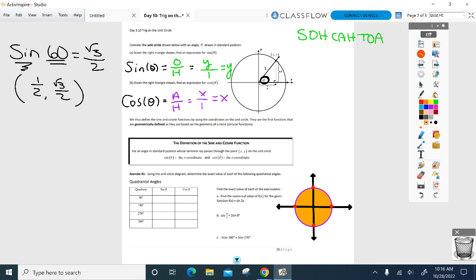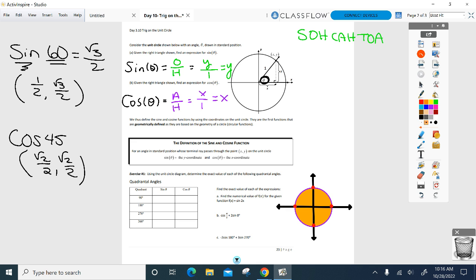Okay? That's how we're going to use this now. Anytime it asks me for the sine, I'm going to go to the angle and pick off its y coordinate. Let's do cosine 45. At 45 degrees, what's my point from yesterday? Radical 2 over 2, comma, radical 2 over 2.